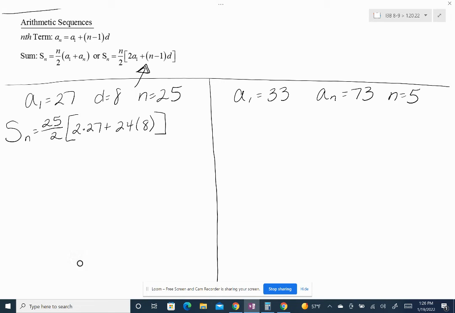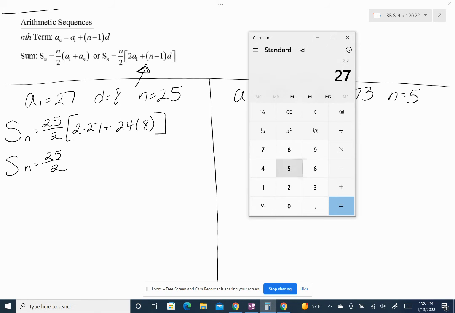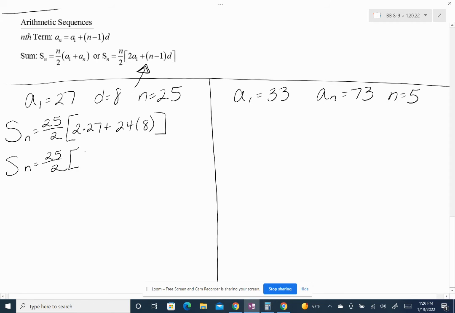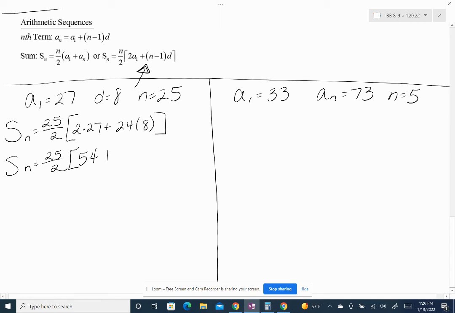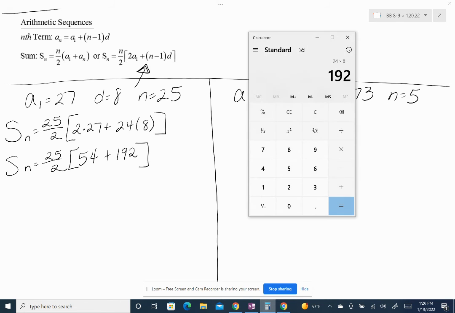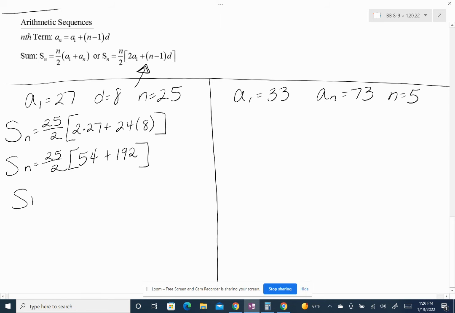Okay, so now I'm going to do my multiplication. 2 times 27 gives me 54. And 24 times 8 gives us 192. Okay, and 192 plus 54 gives us 246.